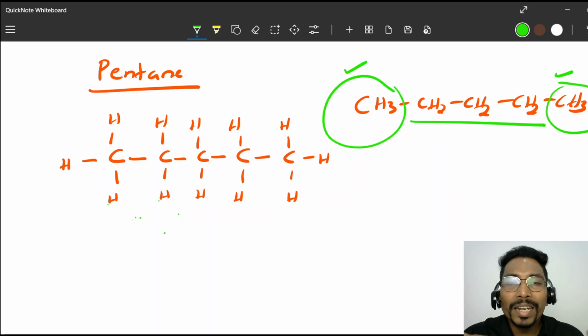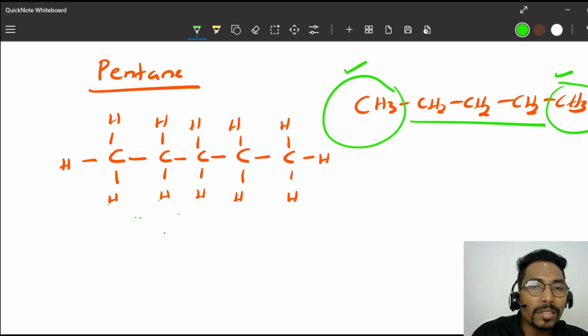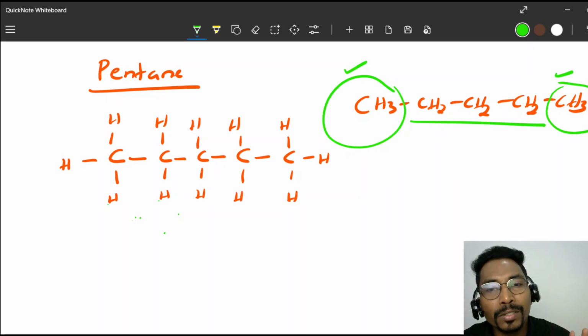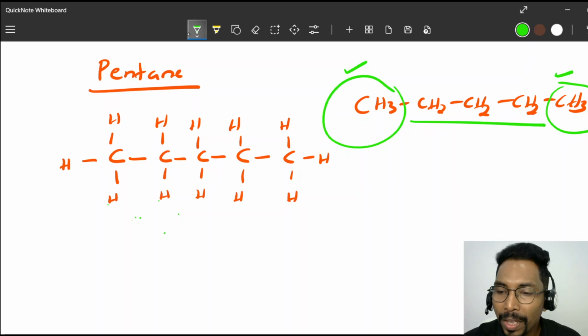In the middle, all the middle carbons will be satisfied with 2 hydrogen atoms, or you can say in the middle it will always be CH2. It will never start with CH2 if it is an alkane. Clear? So start with CH3 and end with CH3. In between all will be CH2. That's it.